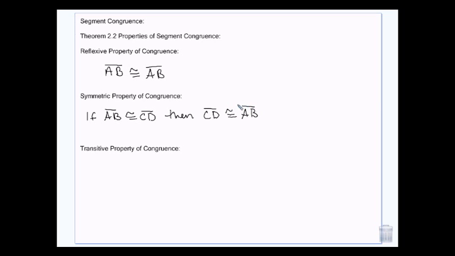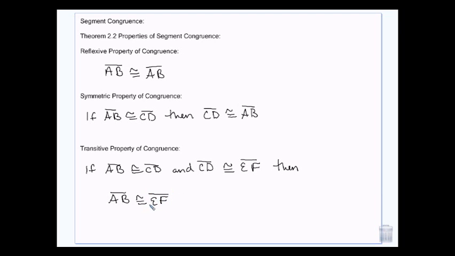I can flip around a congruent symbol, which is the same. Or if I have AB is congruent to CD and CD is congruent to EF, then AB will be congruent to EF. So I can also do transitive through congruence. And I can do substitution with congruence, addition, subtraction, all of the properties still hold true for congruence.